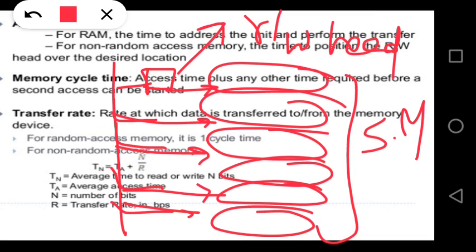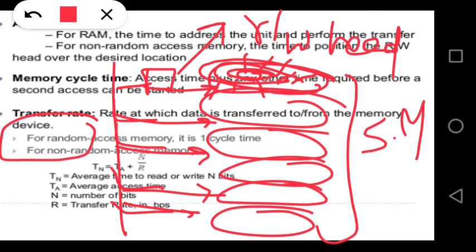This is called a disk. This disk contains tracks, and these tracks are further divided into locations. If this is one magnetic disk, you can also call it a cylinder, and these are called tracks. These tracks are divided into different locations, so this is one memory location.